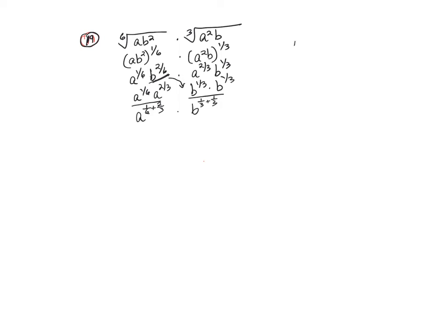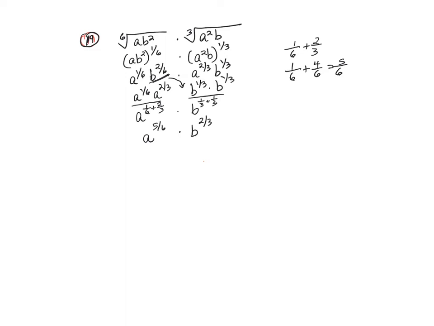So a little bit of arithmetic. 1/6 plus 2/3 is 1/6 plus 4/6, which is 5/6, I believe. So this is a to the 5/6 times b to the 2/3. But we want a single radical expression.